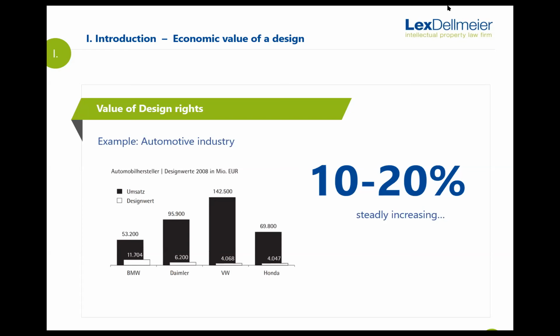As there are not a lot of studies, for this reason, this study from the automotive industry is a little bit older, but as you can see, BMW, Daimler, VW, and Honda, they all put the design value into their books.